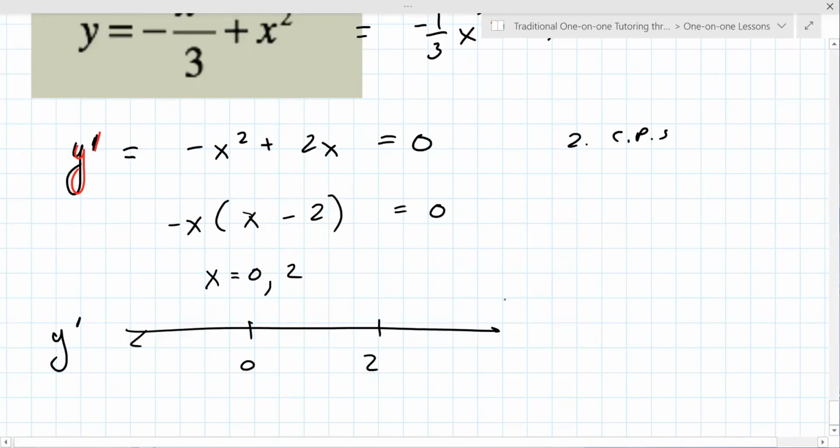Your critical points you plug back into the original only when you're trying to find the mins or maxes, the actual min and max values. So -1 squared plus 2 is 1, that's negative.